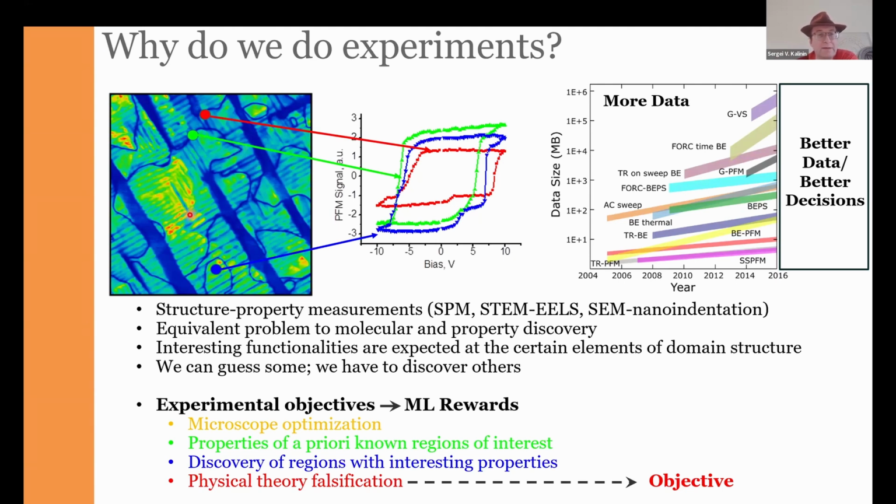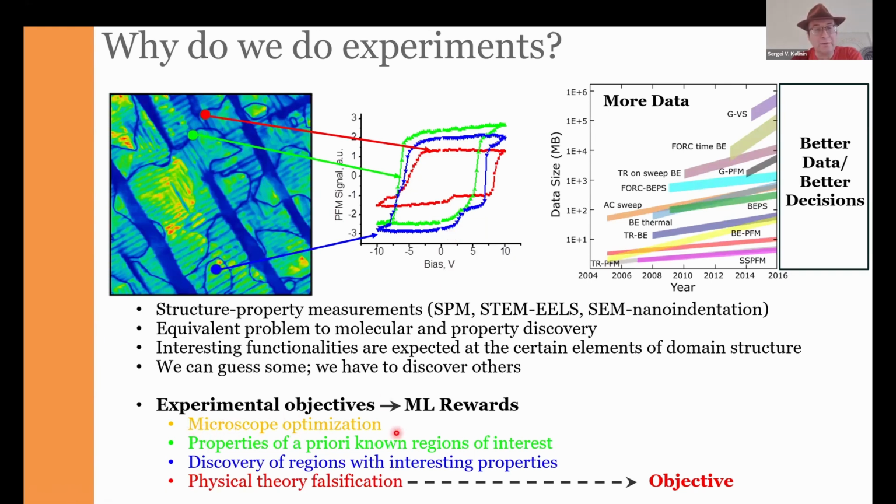And then some of my other colleagues can say, you know what, these regions are also interesting because there is a high strain here. So notice that the human operator running the microscope does essentially the same operation. He chooses the locations to take the measurement and takes the measurement. But the logic of making decisions is very different.